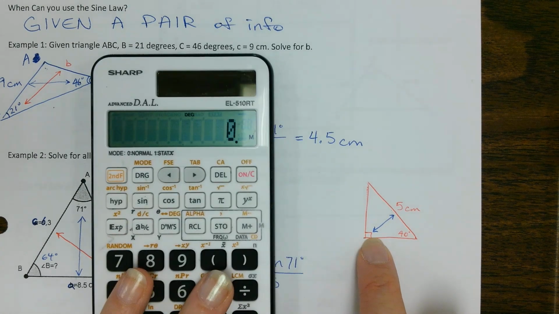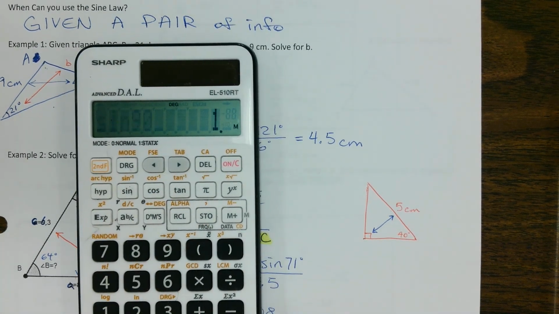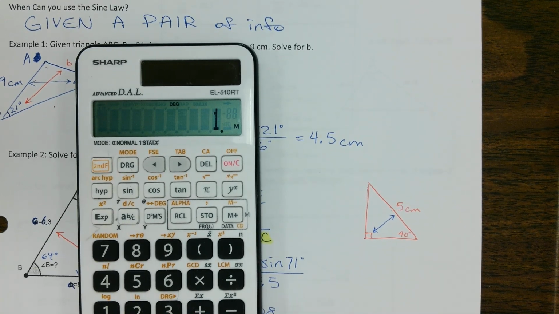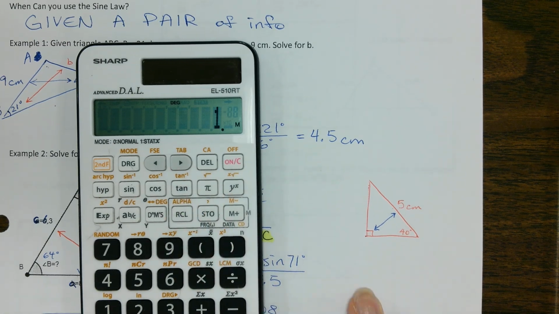Okay, well, let's see what happens when I do sine 90 degrees. You got 1, which is the same as SOHCAHTOA. Because when you do the cross multiply with the sine law, sine 90 degrees is just 1.